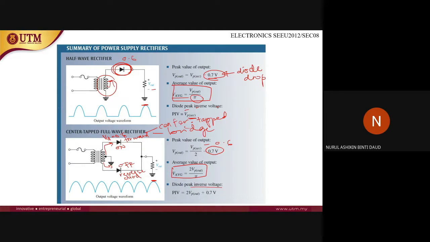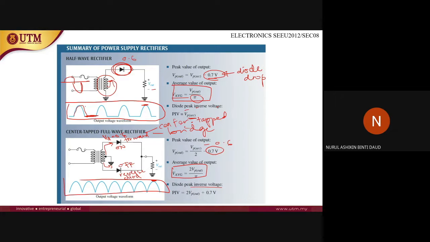And you also should take note of the patterns of the waveform. For the half wave rectifier, it will block the minus voltage. So there will be no current or no voltage at the minus region of the input voltage.